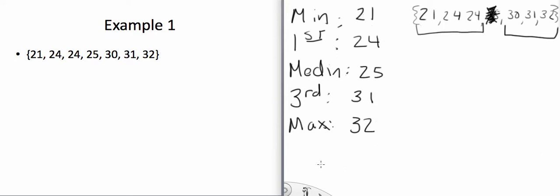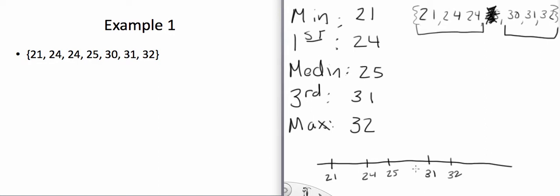And then the last aspect that we have to this problem is what's called a box plot. In a box plot, we plot the 5 numbers that we see here on a number line. So here's my relatively straight, not really straight line. I put in 21, we've got 24, right next to it's 25, and then we've got 31 and 32. Now a min and a max are represented by dots.